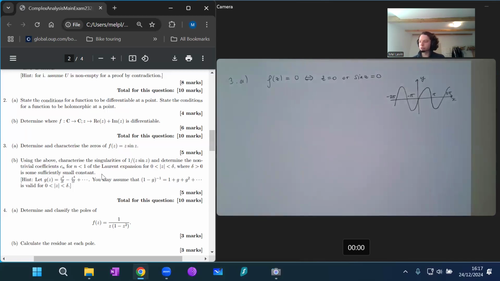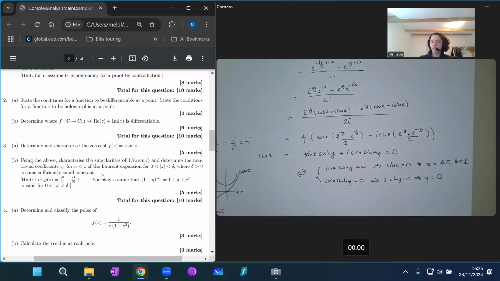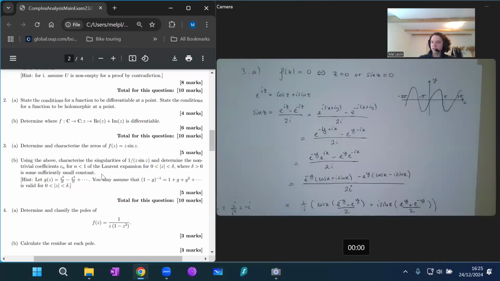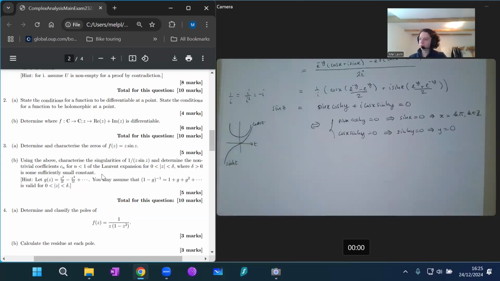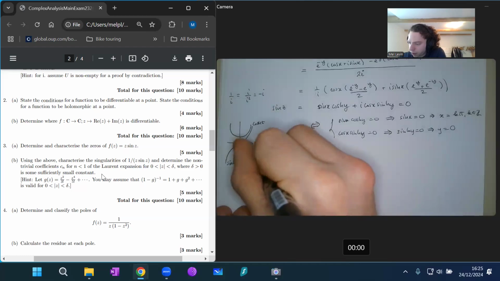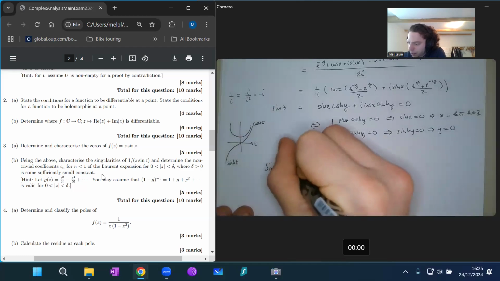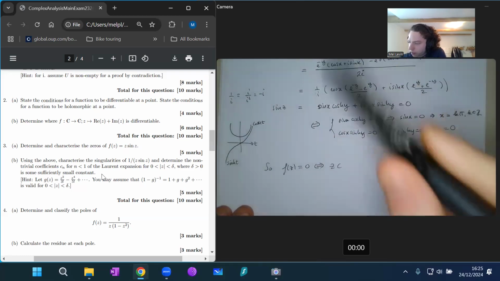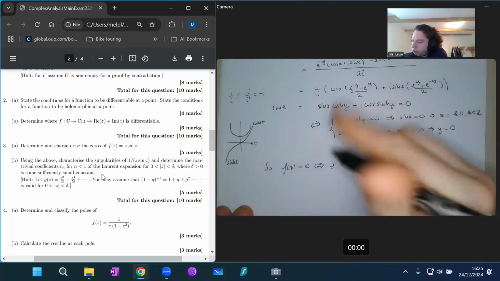It's kind of nice that sine and cosine still have the same zeros as when they were just functions of a real variable. There's no extra zeros. So f of z is equal to 0 if and only if z is a multiple of pi.